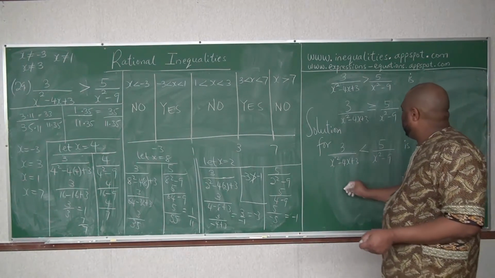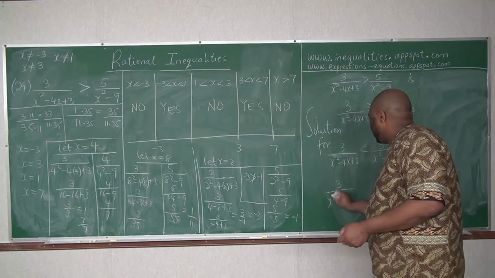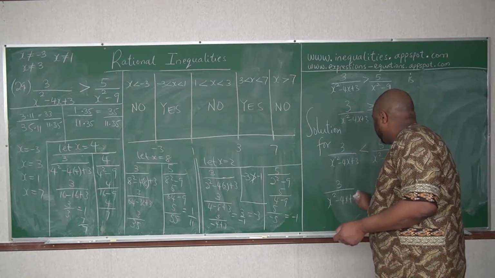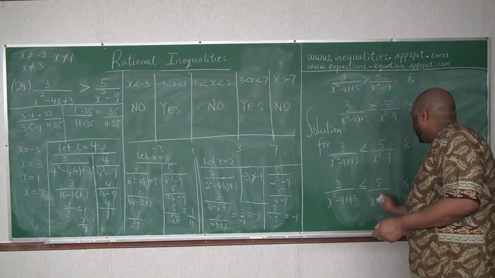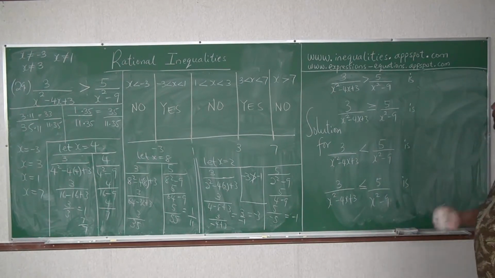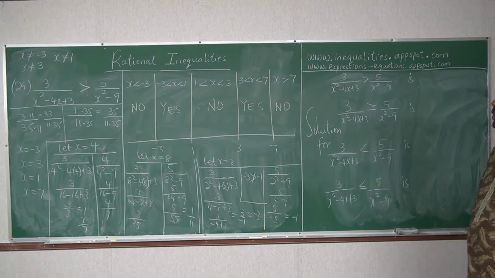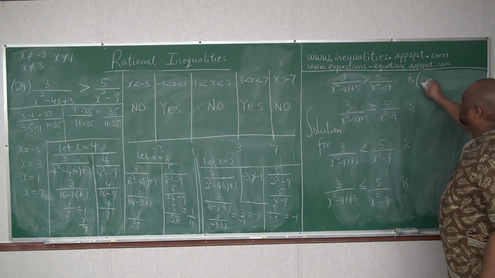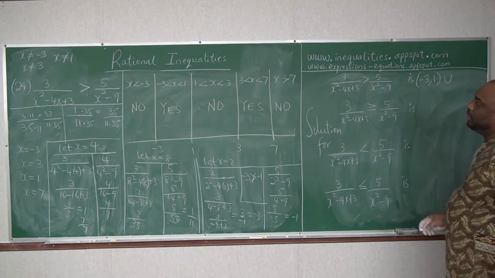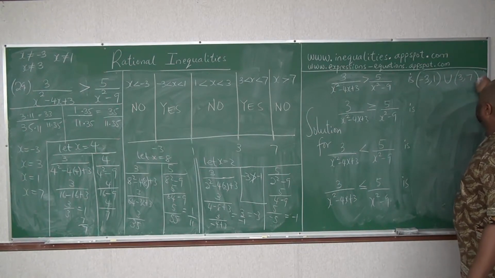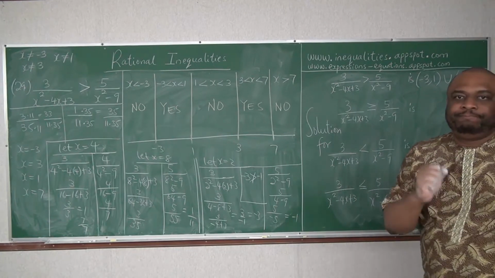And the last one, 3 over x squared minus 4x plus 3 less than or equal to 5 over x squared minus 9. Alright folks, the first one we see is parenthesis negative 3 comma 1 union parenthesis 3 to 7. Right? Comprehend?